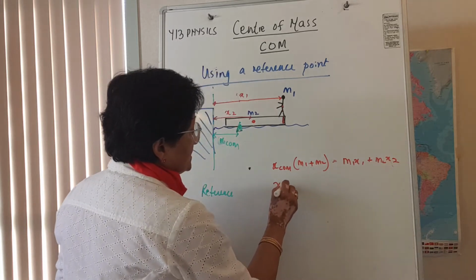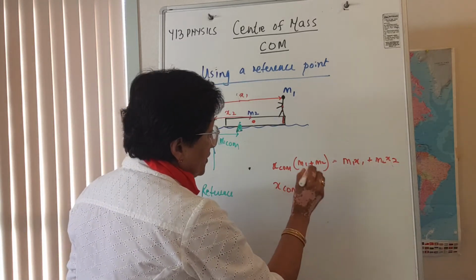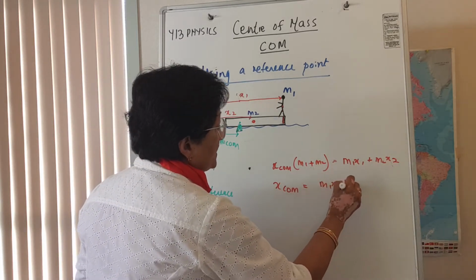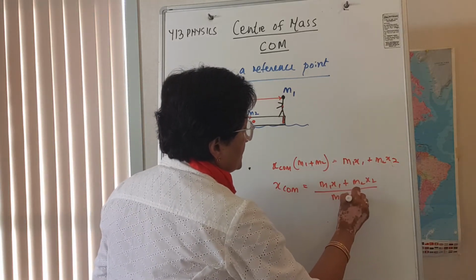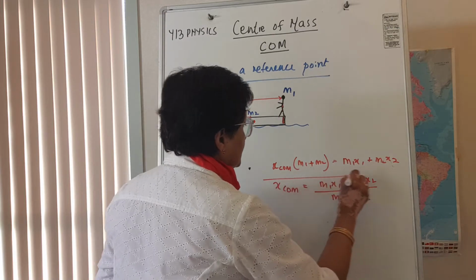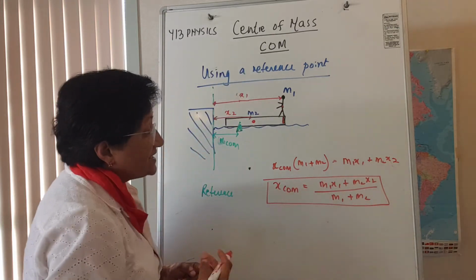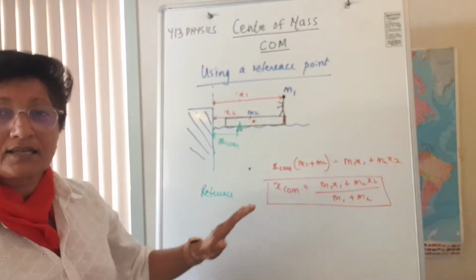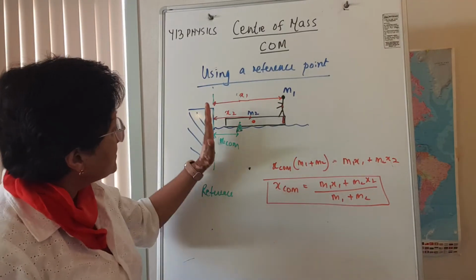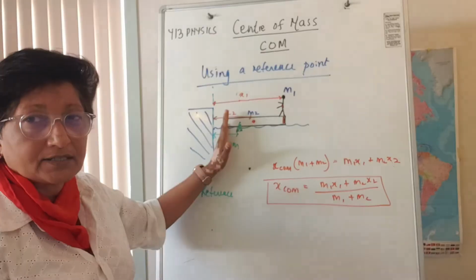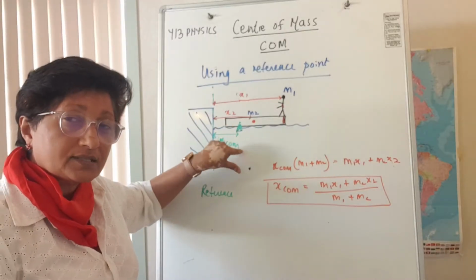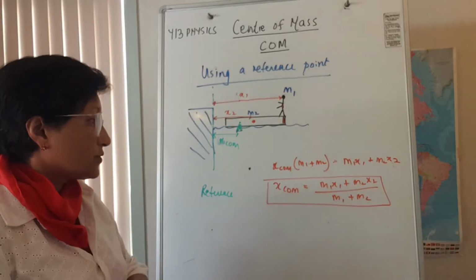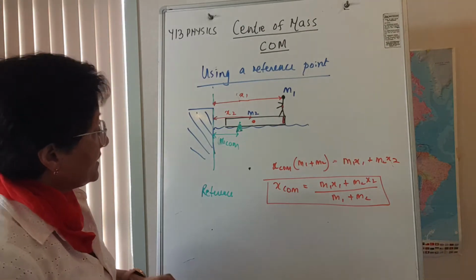Okay, so the distance of the center of mass from the reference point is M1x1 plus M2x2 divided by the total mass. So this is another way of calculating the center of mass of a system when you have a reference point. And later on we'll be doing some questions where we actually need to use this formula rather than the other one. Okay? Right.